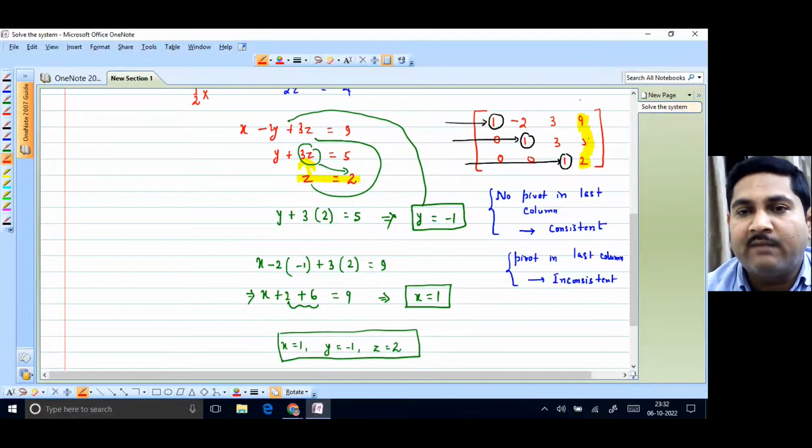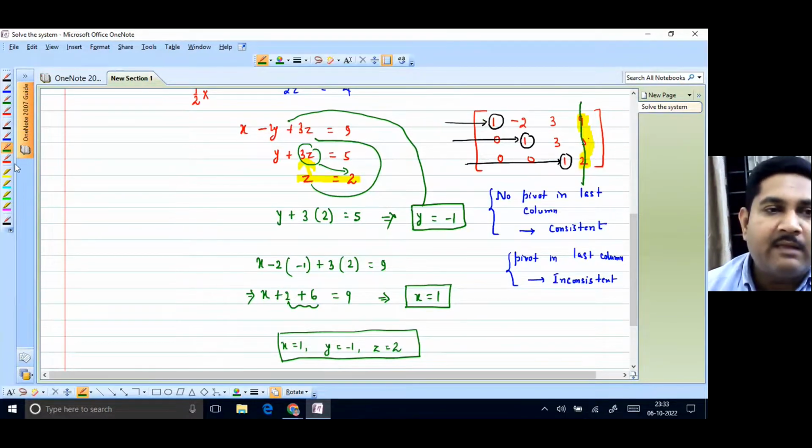For that, I will first discard my last column, right? First of all, I will discard my last column. I will cut it, and I will look into the remaining columns.